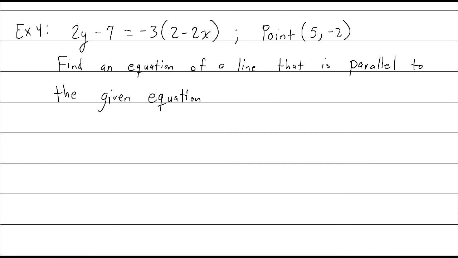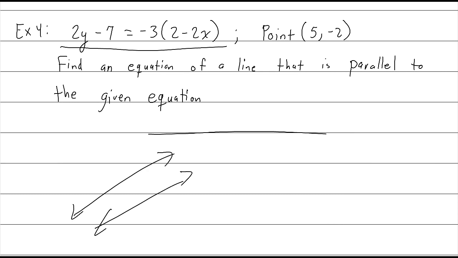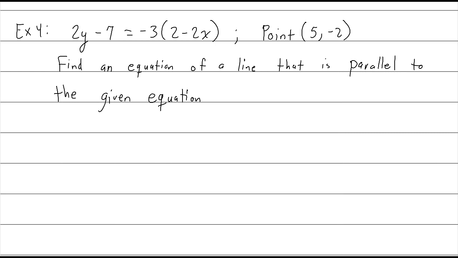Let me stop here for a second. So I'm trying to find another equation to where if I graphed this one and the new one, they'll be parallel to each other. That's what I'm looking for. But also I want that second equation to pass through the given point, that 5, -2.